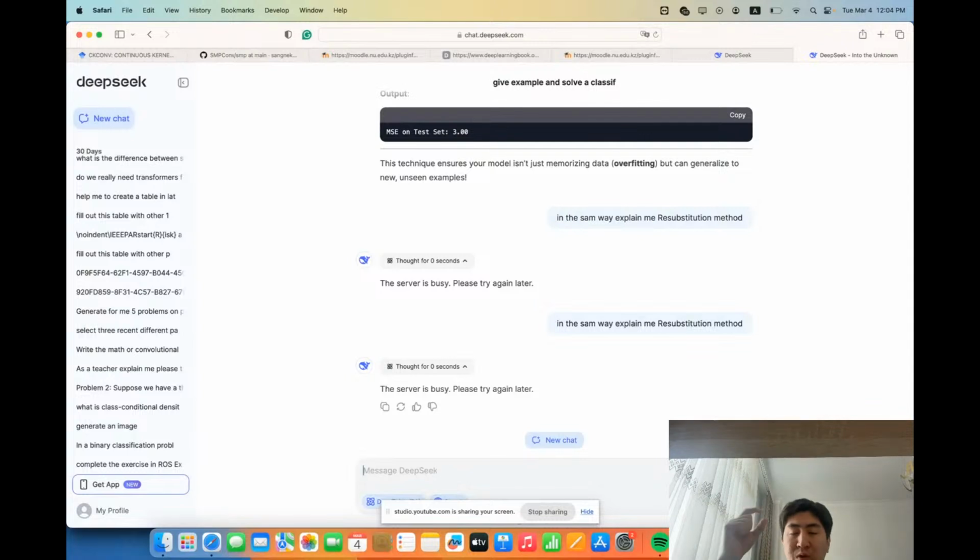At the same time, you check the performance of your model on the unseen validation data, and then you will see the general picture.